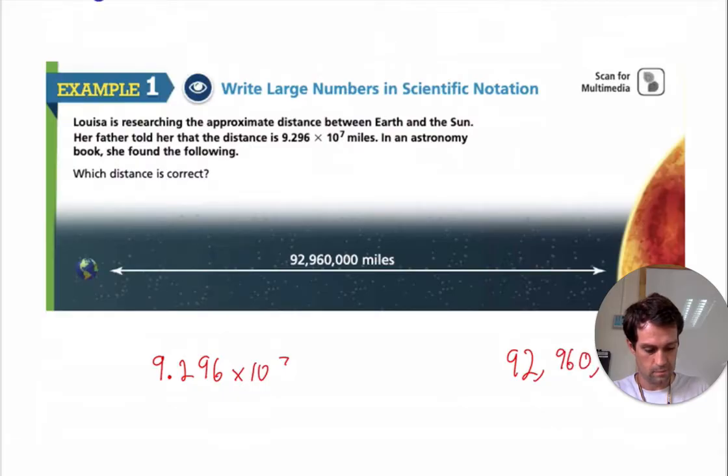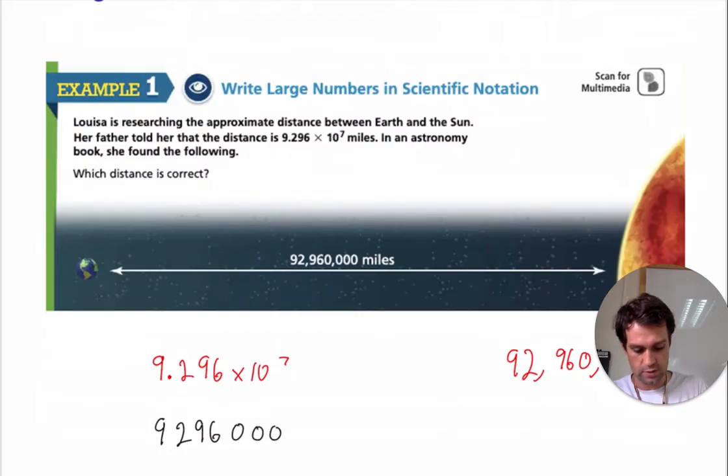92,960,000 miles. So we can rewrite this in scientific notation. Why do I keep writing a 6 there? 92,960,000. Just add zeros, but we have to count how many decimals it's going over. It is going over 7 decimals. So 1, 2, 3, 4, 5, 6, 7, okay?